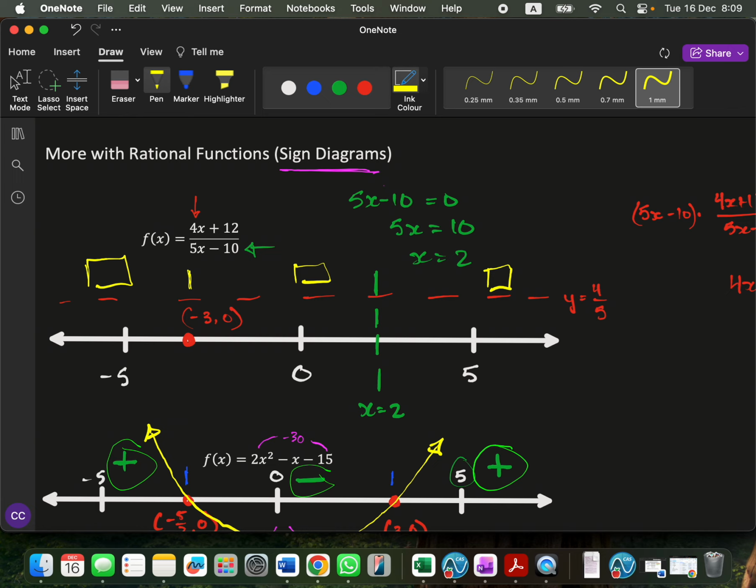So again, I'm going to be lazy, and I'm going to put in 0. If I put 0 in for x, so I'm subbing in f of 0, those go away and I get 12 divided by negative 10, which is a negative number. So I know that in between my x-intercept and my asymptote, I'm negative.